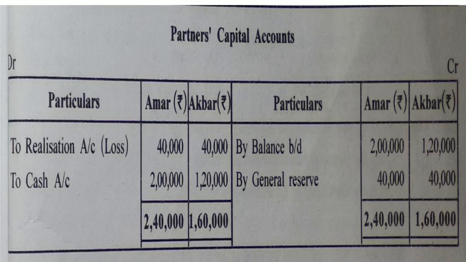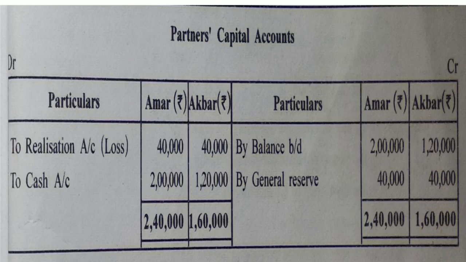The very first thing to be written on credit side of partners' capital accounts is always the opening balance of capital. The opening balance of capital is rupees 2 lakh and rupees 1,20,000 respectively, the one which we have obtained with necessary calculations.